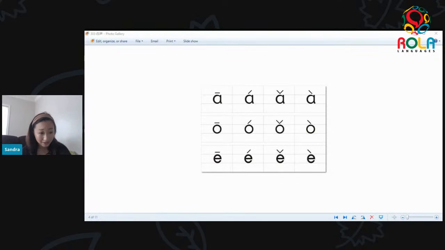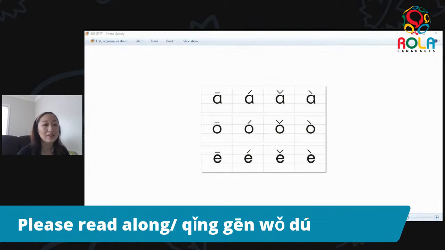All right, let's do a little bit of practice. 请跟我读 啊 Very good. 啊 啊 啊 All right. Next up, we do the O, which in the Pinyin system should be pronounced as O.